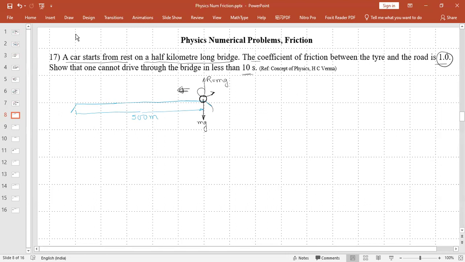So the road applies the opposite force, which is equal to frictional force. And this frictional force is actually the force which drives the car. This frictional force is equal to mu R, which is equal to mu mg.